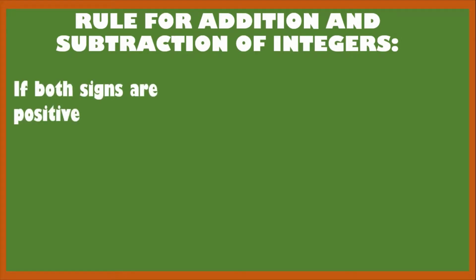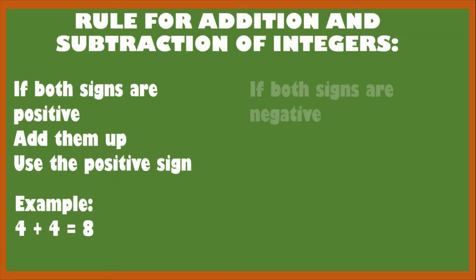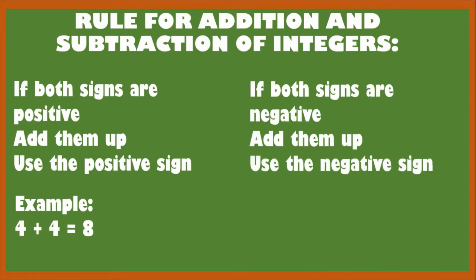Rule for addition and subtraction of integers. If both signs are positive, add them up. Use the positive sign. Example, 4 plus 4 equals 8. If both signs are negative, you will also add them up. Use the negative sign. So it is very, very different from the multiplication and division of integers, right?